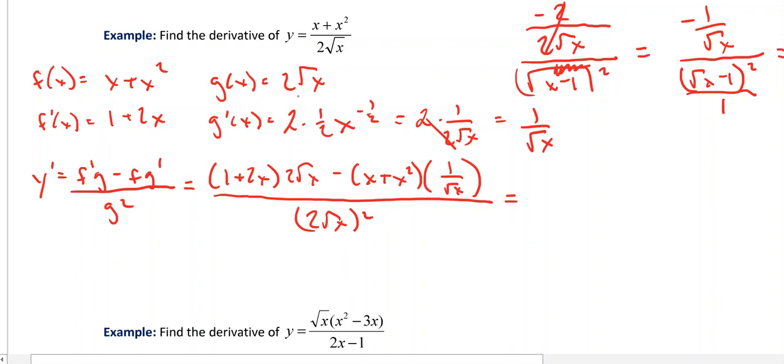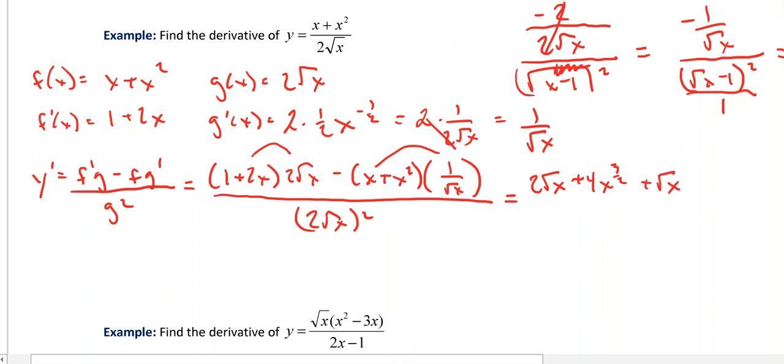So multiplying these together, 2 radical x times 1 is 2 radical x. 2 radical x times 2x would be 4x to the 3/2. And then 1 over radical x, multiplying these, 1 over radical x times x is going to be x over radical x, or radical x.